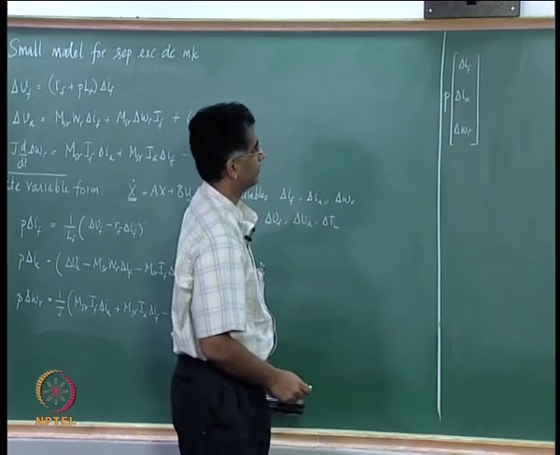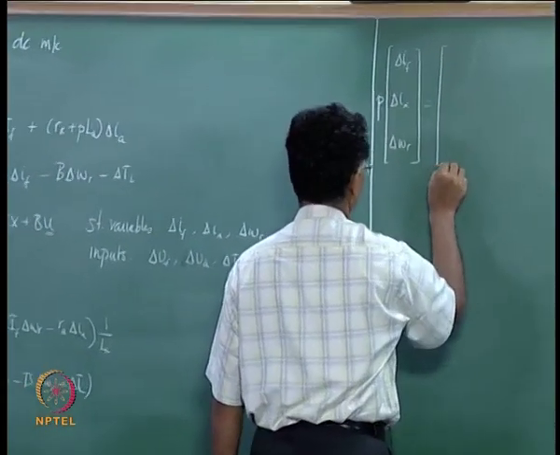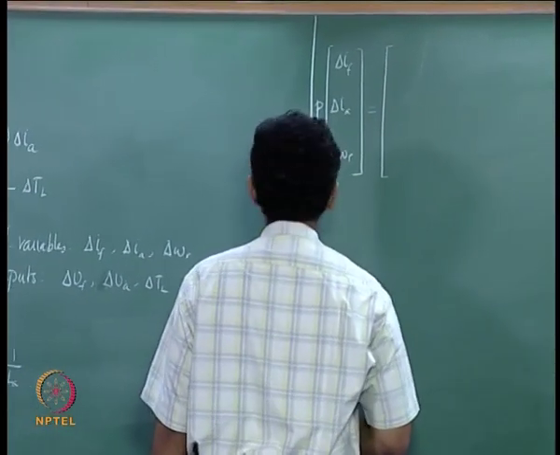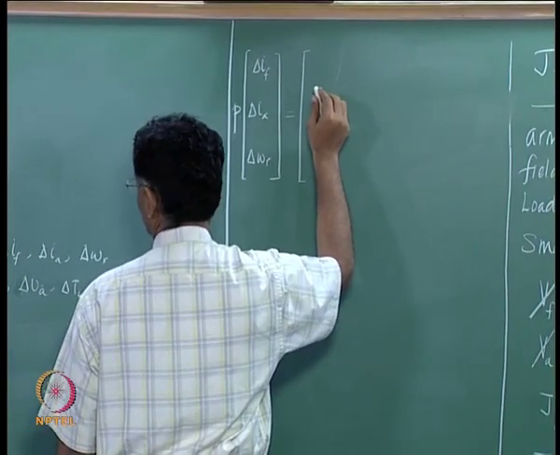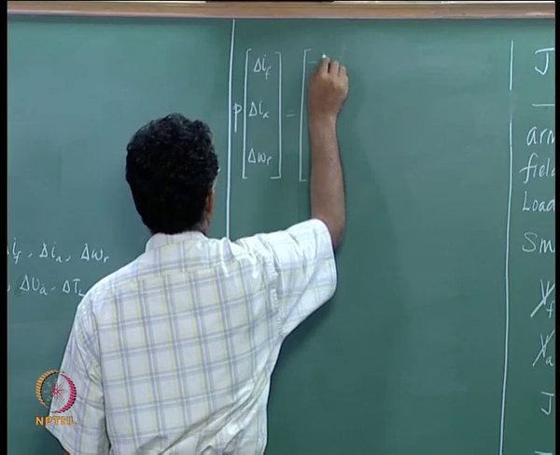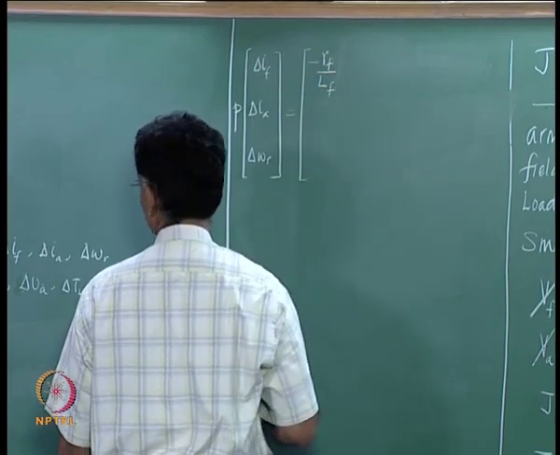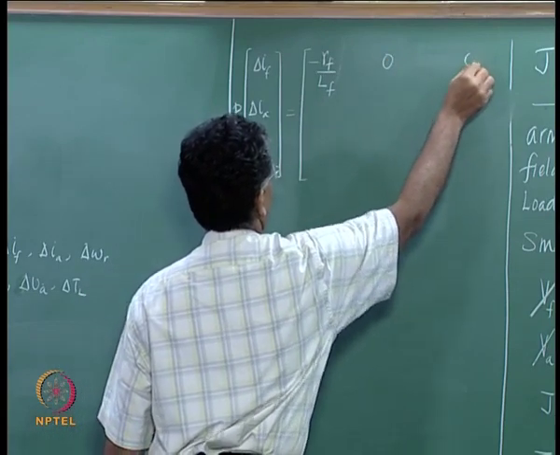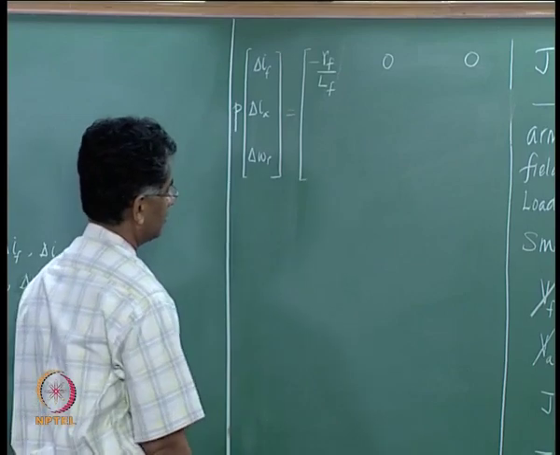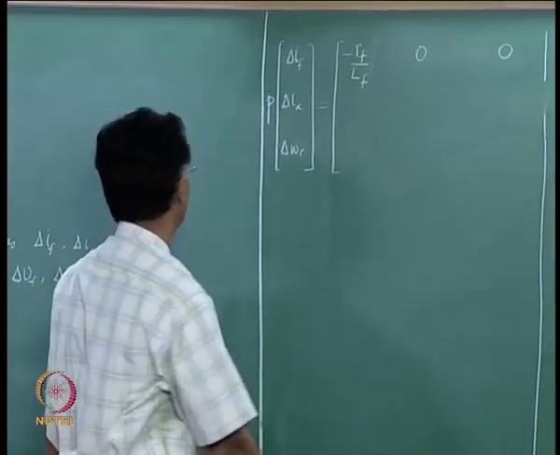So P of this is equal to the matrix multiplying the same vector. The first term would be minus Rf by Lf, and it does not depend on Ia or omega r, so the other two entries in the first row would be 0.